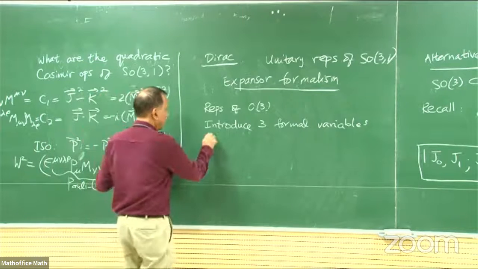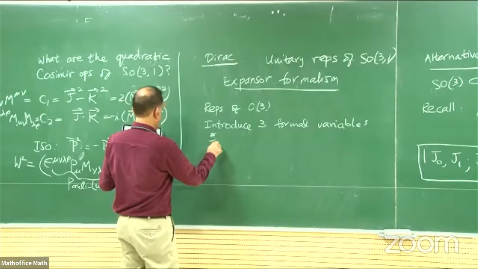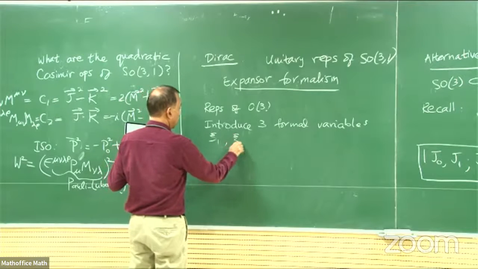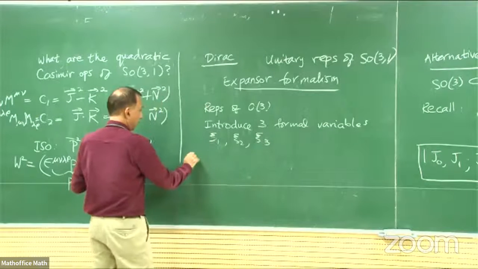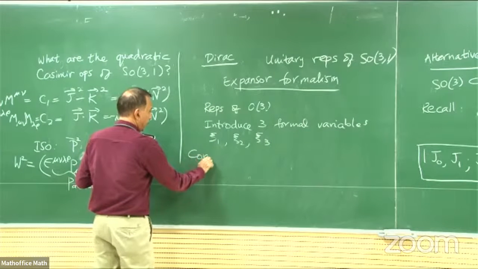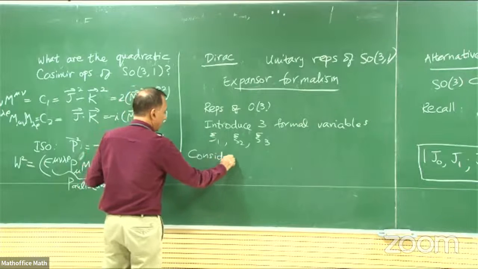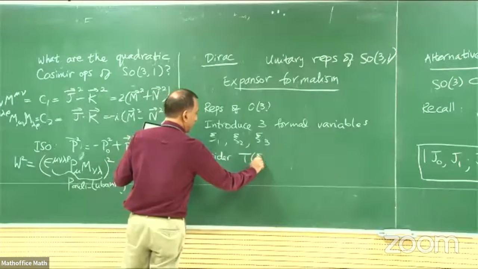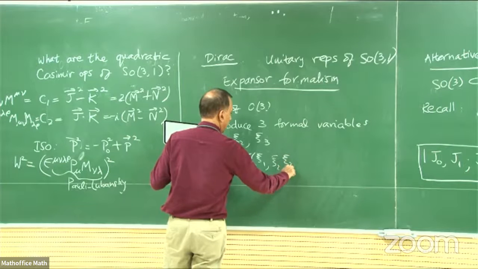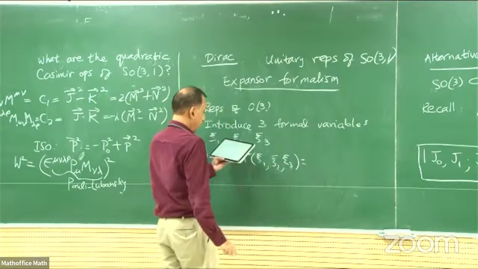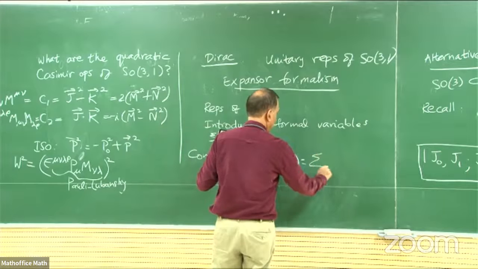So we'll call them xi1, xi2, and xi3. And consider the series. So consider the function t of xi1, xi2, and xi3 defined as the sum.